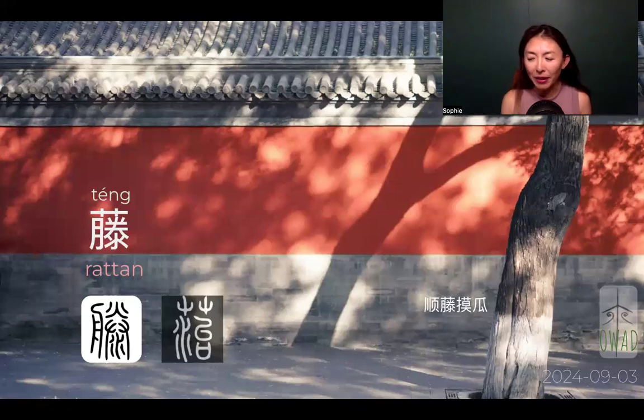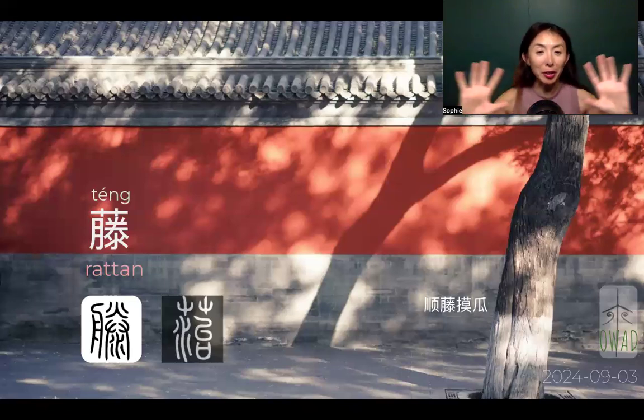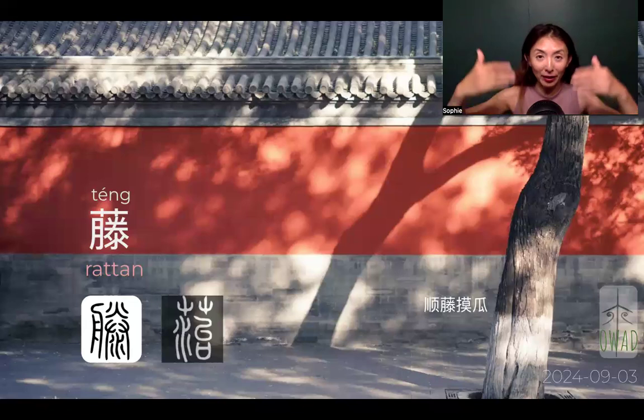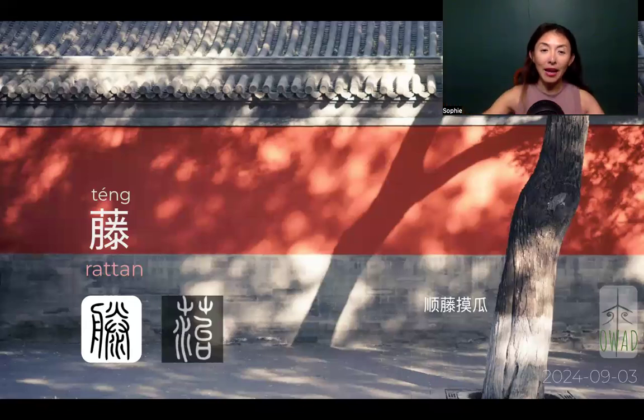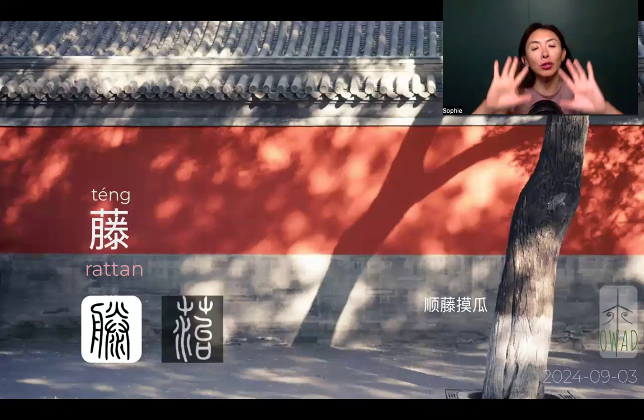And this probably ancient language creator observed how rattan, as a viney plant, develops its territory over time, vertically from the ground up on some sort of vertical surface, right?